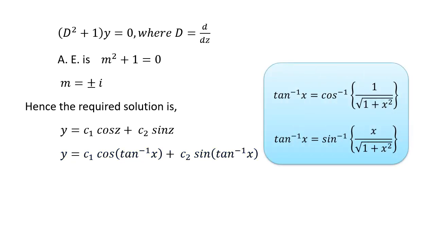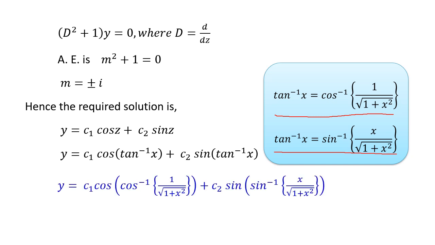From the inverse trigonometric functions, we have tan inverse x is equal to cos inverse of 1 over square root of 1 plus x square, and also tan inverse x is equal to sin inverse of x by square root of 1 plus x square. Therefore, we shall substitute these values here.